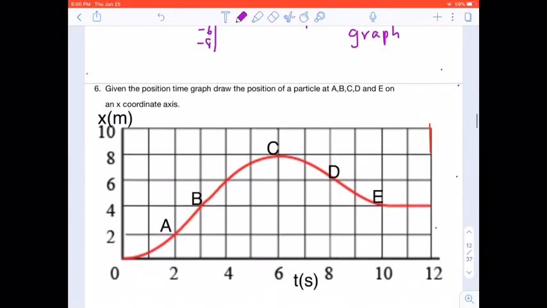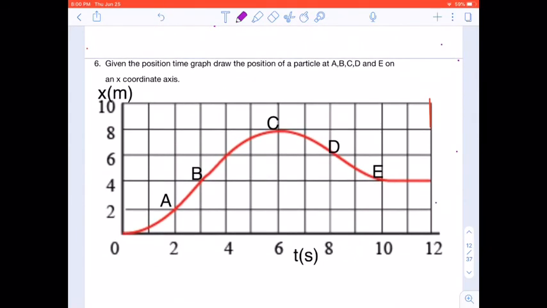Now let's look at the next one. Given the position time graph, here you're given the position time graph, you're asked to draw the position of a particle at A, B, C, D, and E on the coordinate line.